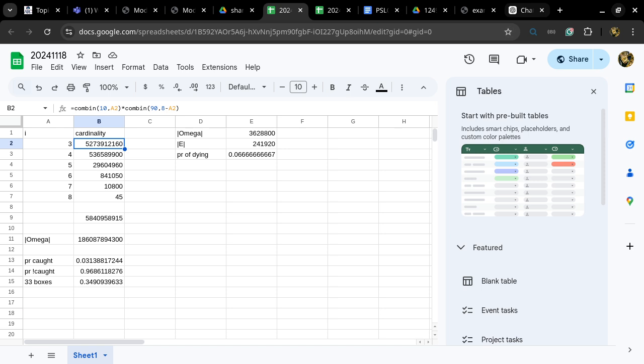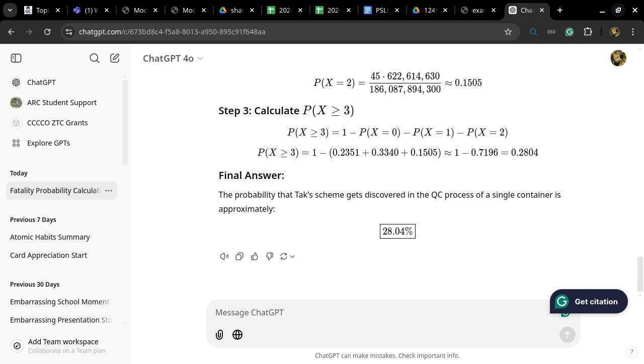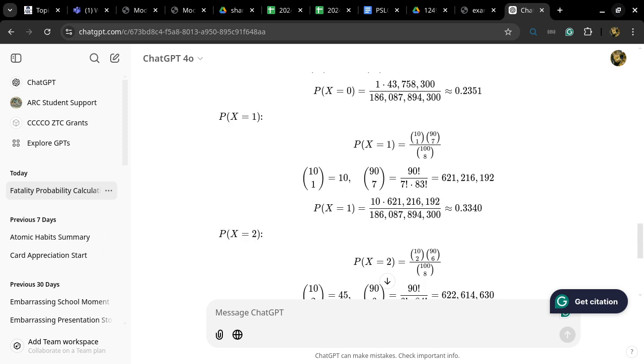So we want 3 out of the 10 that has TechGPT, and then 8 minus 3, which is 5 out of the 90 that does not have TechGPT. So the 8 is the same as a 2. Nope, it's not.